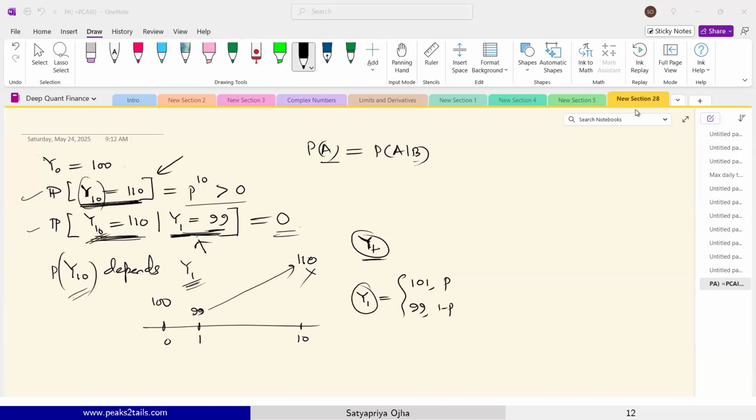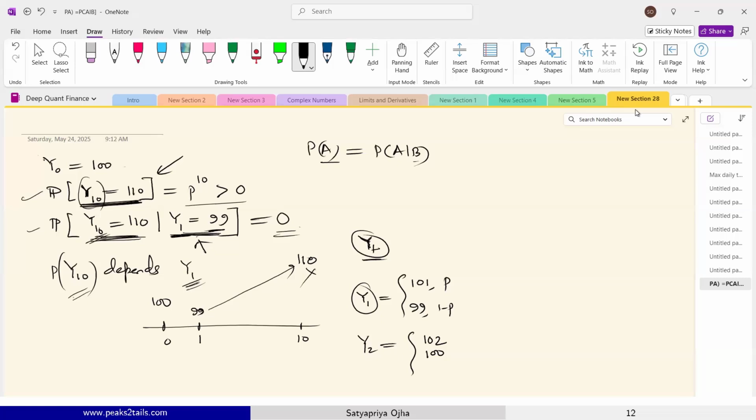And Y2, let's not go for Y10. What is Y2's distribution? Can you tell me the values? Forget about the probabilities. Just tell me the values. What are the possible values of Y2? It can be 102, okay? And 100 and, wait, don't rush.